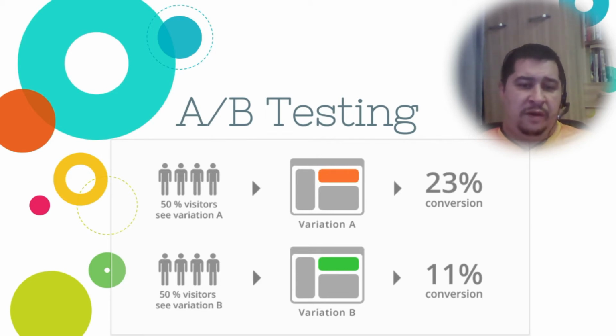We give half the visitors option A, half the visitors option B, and we see that the orange button, for instance, gives you twice more conversions. So probably this is the better option. Actually, they don't need to be 50-50.